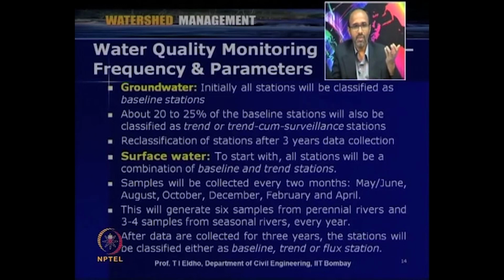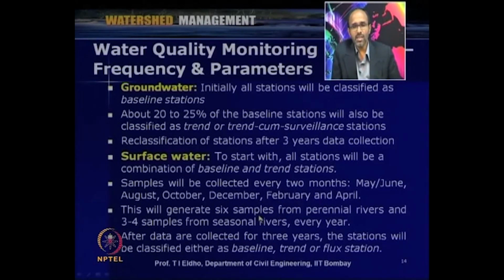Samples will be collected at least every 2 months, like in India during May, June, then August, October, December, February, April. This is according to the seasonal variation, like summer season, then monsoon season, then spring season, autumn season. So, the samples will be collected.